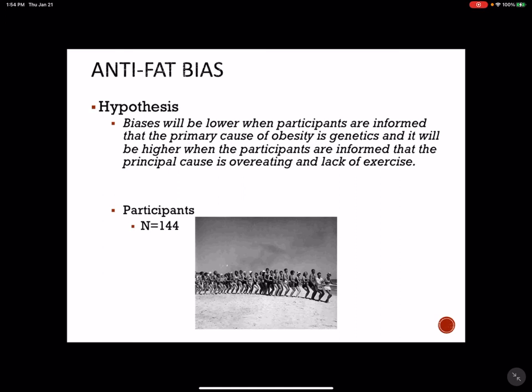So the researchers were looking at obesity bias, and they were looking at all different types of biases, and they realized that part of it was thinking that people were lazy, that they had a lot of control over their weight. While we don't always have that.